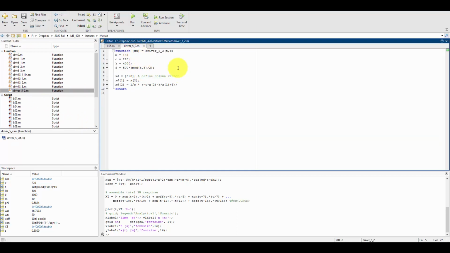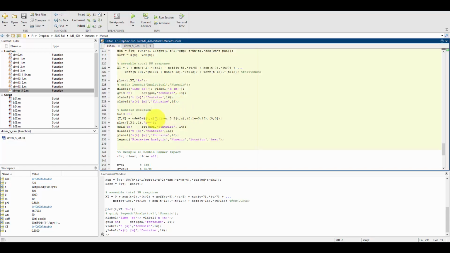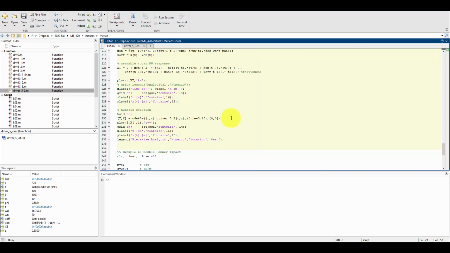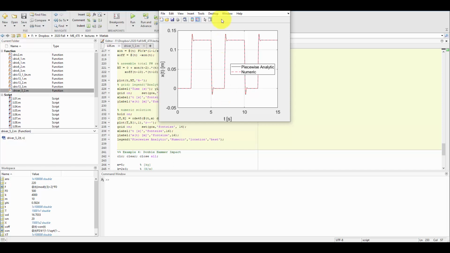And this is where I put together my state space model and I have my force defined here. So it's exactly the same driver I used the first time I solved this. So that's what I'm running for ODE45, and I'm running this also for that same 15 seconds. And I'll plot them on top of each other. So let's run the whole thing and see what it looks like.